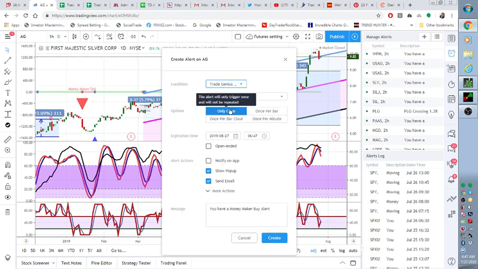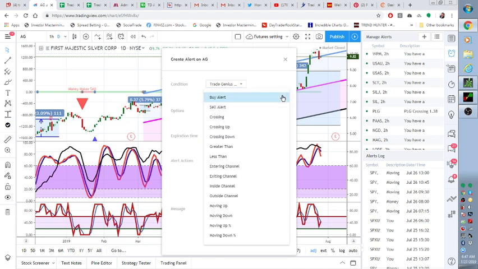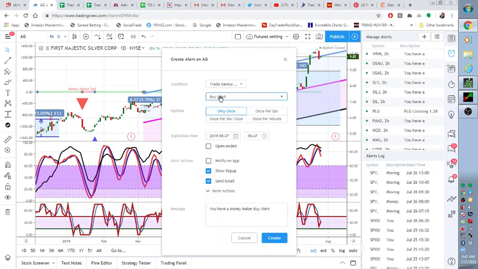For Moneymaker you can do a buy alert or a sell alert, or any of these other indicators, but this is designed for buy and sell alerts. The options are that it can just flash once and that alert's done, or once per bar, every time it occurs, or you could wait till the bar closes. If that condition is met, it shows it, and then once every minute it does it.